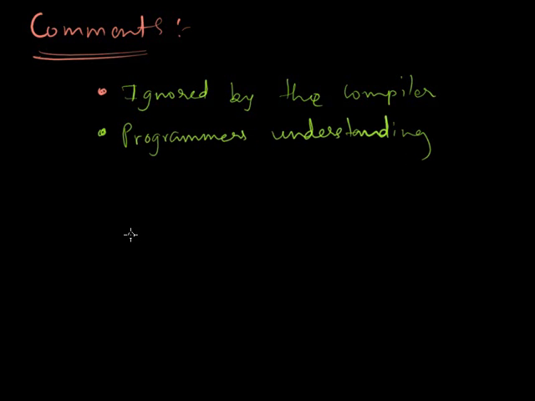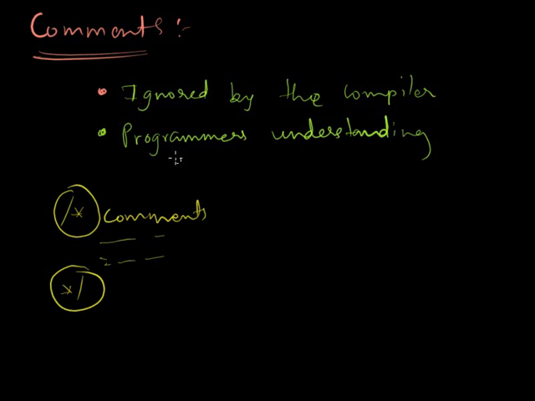Now how do you write a comment? Any comment in a C program is enclosed within a pair of /* and */. So you can have a comment inside these. Comments enclosed within /* and */ can be multi-line.